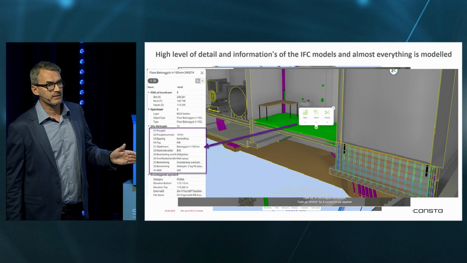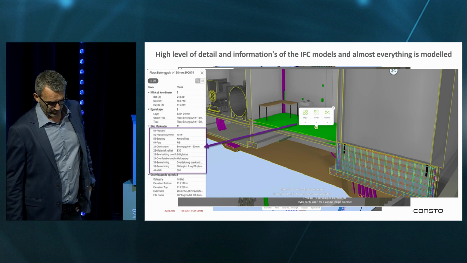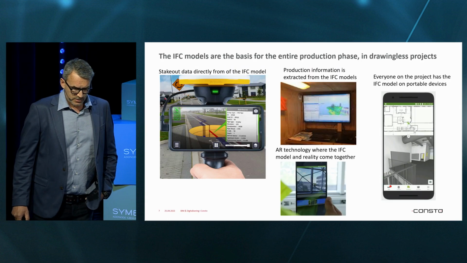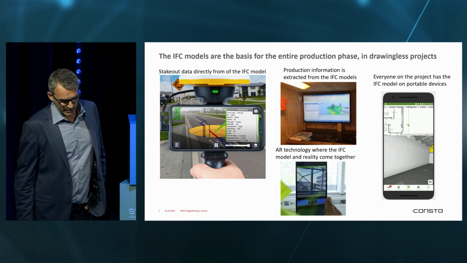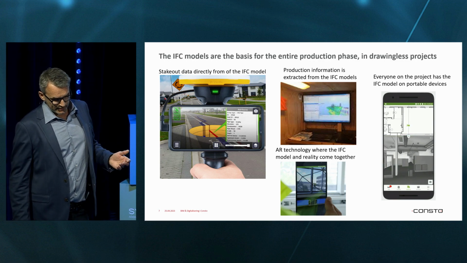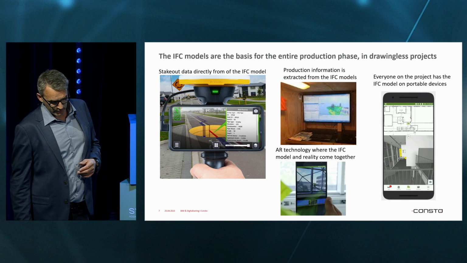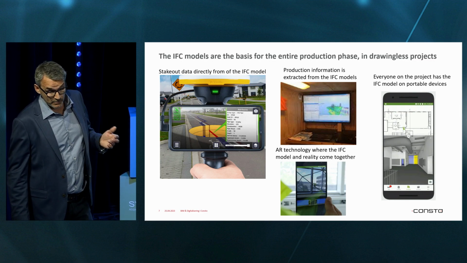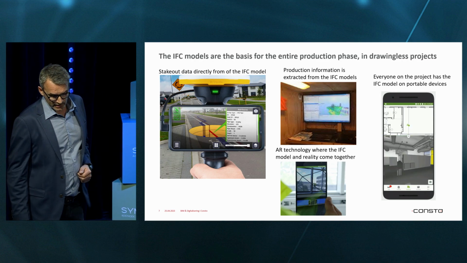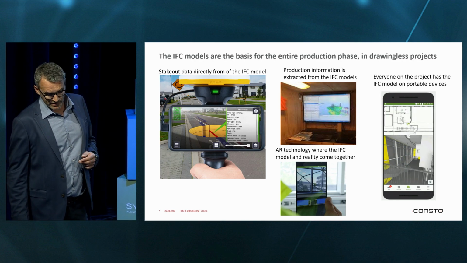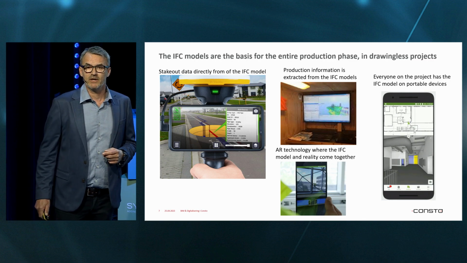Everything is in the model, the IFC data. So the IFC models are the basis for the entire production phase in the drawingless project. We use stakeout data directly from the IFC model. Production information is extracted from the IFC models. We use augmented reality technology out on the site, and everyone on the project has the IFC model on portable devices.